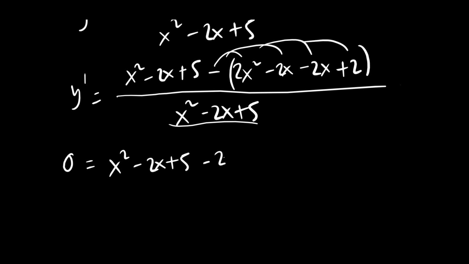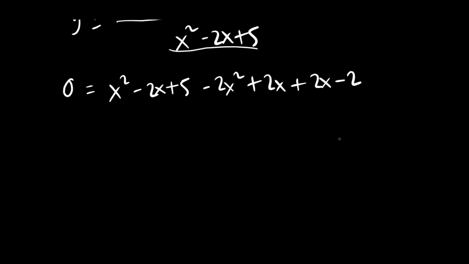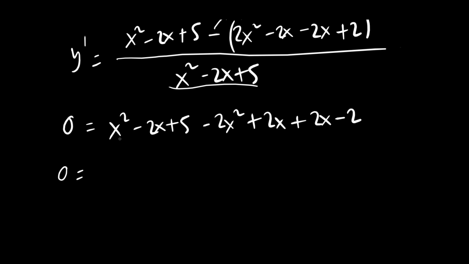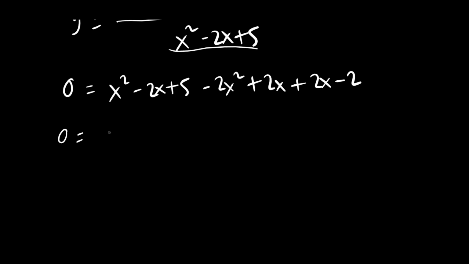So minus 2x squared plus 2x plus 2x minus 2. So we'll combine similar terms. 0 is equal to x squared minus 2x squared, which is negative x squared.